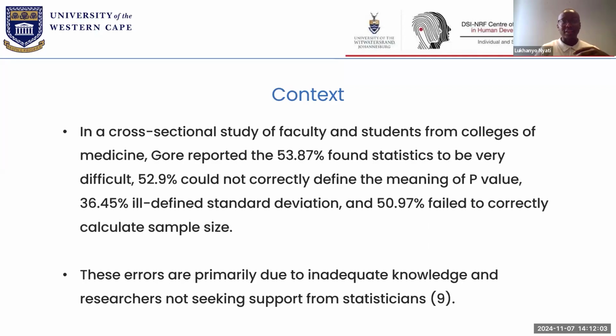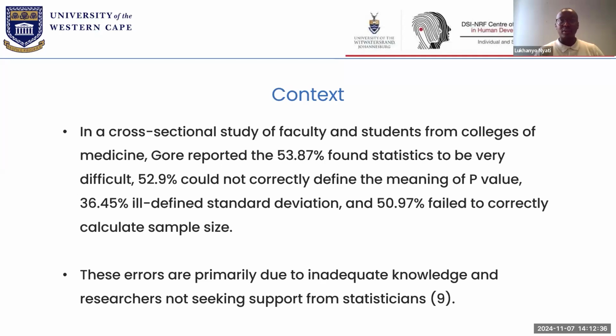All right. In a cross-sectional study of students from colleges in medicine, these researchers reported that 53% or 54% thereabout found statistics to be very difficult. About 53% could not correctly define the meaning of p-value. About 37% ill-defined the standard deviation, and over 50% failed to correctly calculate sample size.